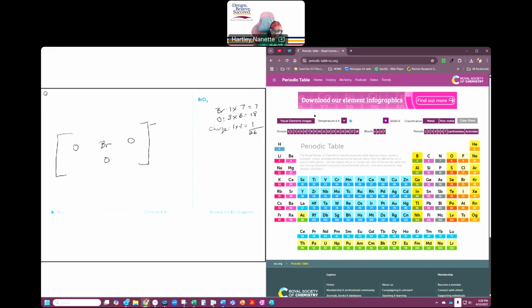Okay. I need to have a bond that contains 2 electrons between each of these guys. So that takes up 6 of those electrons. That leaves me with 20 electrons that I need to distribute. Each oxygen gets 2, 4, 6.